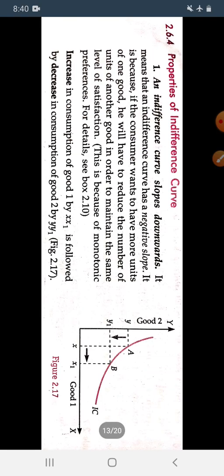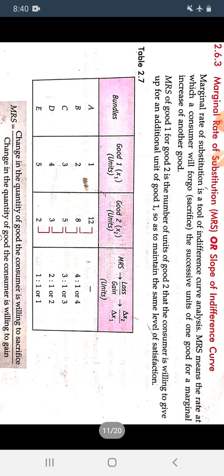In bundle B, the consumer gains 1 unit of good 1 and sacrifices 4.